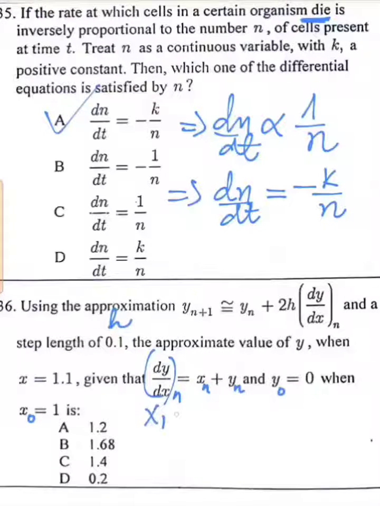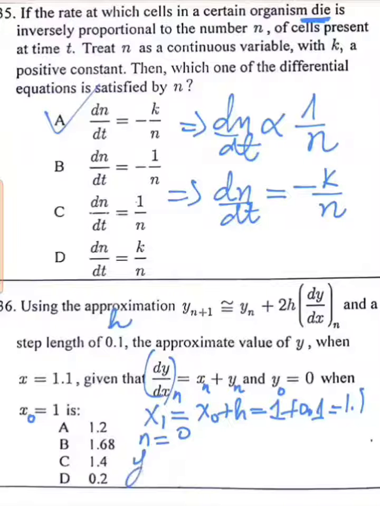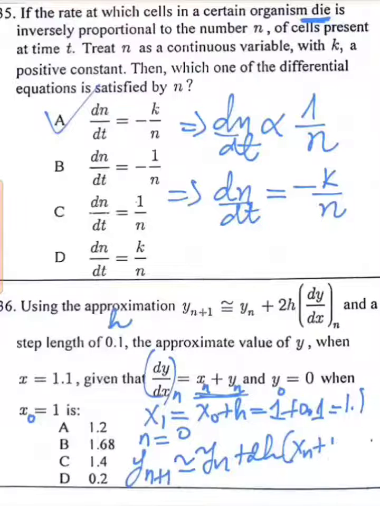Now x1 is supposed to be a step ahead of x0, and so x1 should be x0 plus h, that should be 1 plus 0.1, which gives 1.1. So actually we are looking for the value of y when x is 1.1, and since this corresponds to x1, it means we are looking for y1, which should be the solution to this problem. Now to have y1, I will substitute n equals 0 in the approximation, so I have y(n+1) is approximately equal to yn plus 2h into xn plus yn.